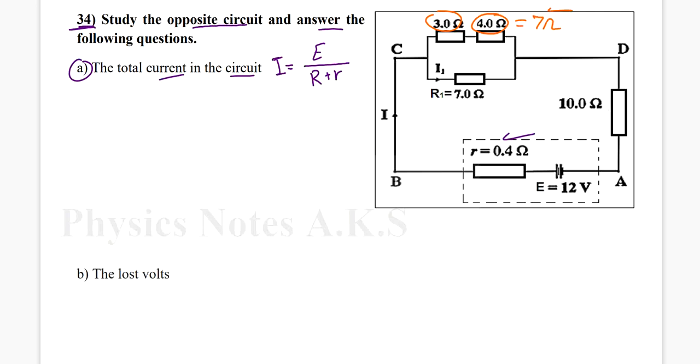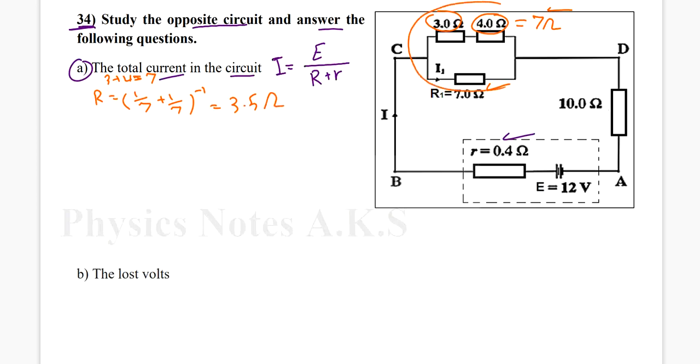Now, the 7 ohm and 7 ohm here are in parallel. So if I want to find the total of them, I'll write R equals, and of course here I will write 3 plus 4 equals 7. Now here I have (1/7 + 1/7) to the power negative 1. I will have 3.5 ohm.